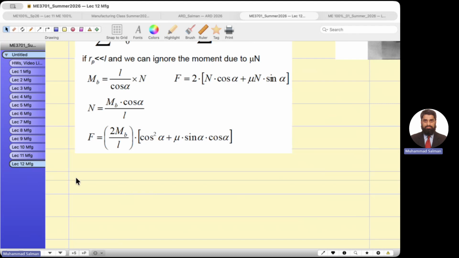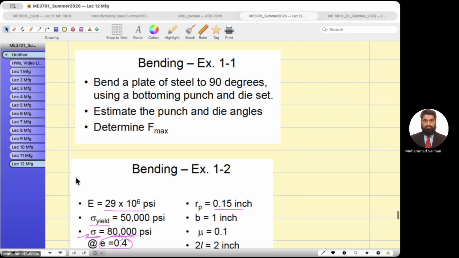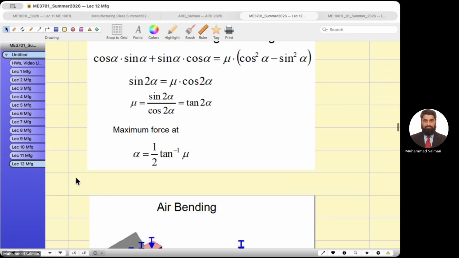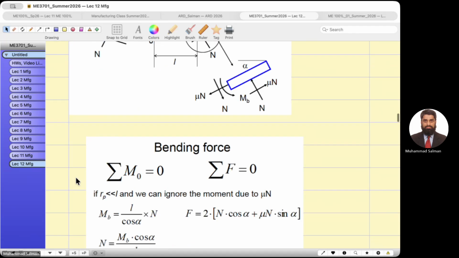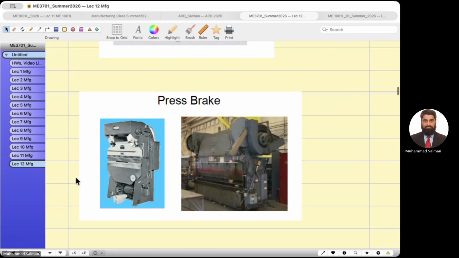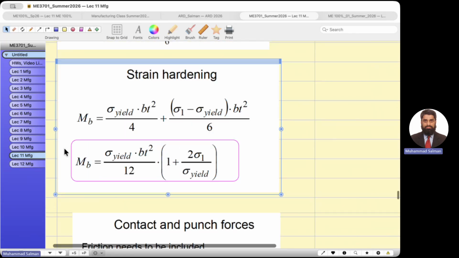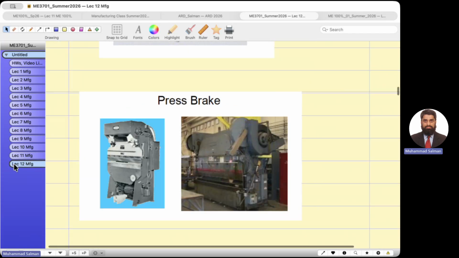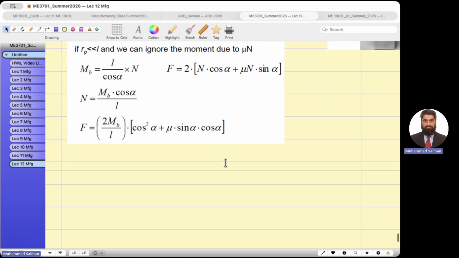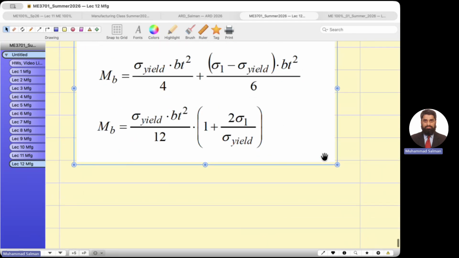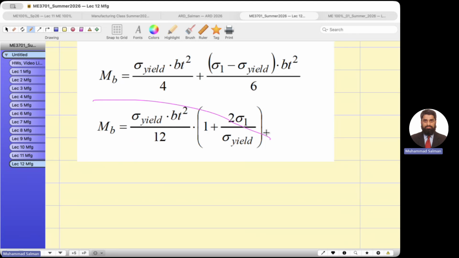What is MB? Let me show you the MB over here. Did I show you this formula earlier? This is for strain hardening material. So I'm just revising what we studied last time. This formula is going to help you find out the bending moment.